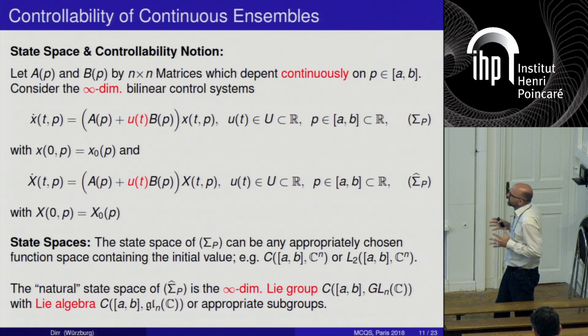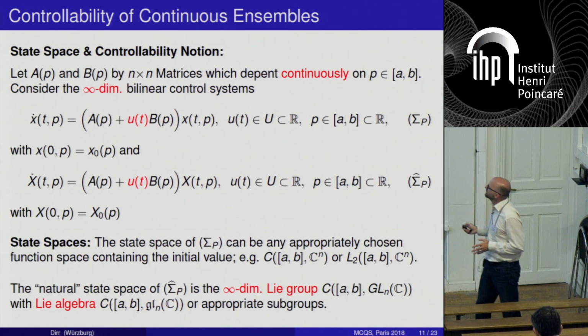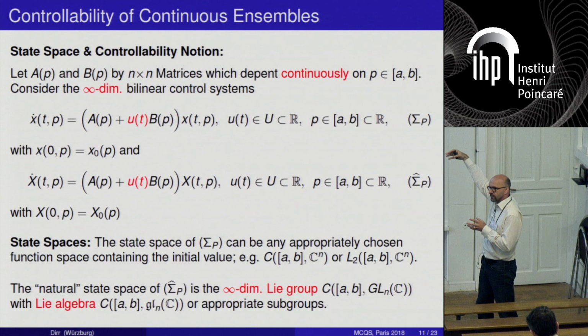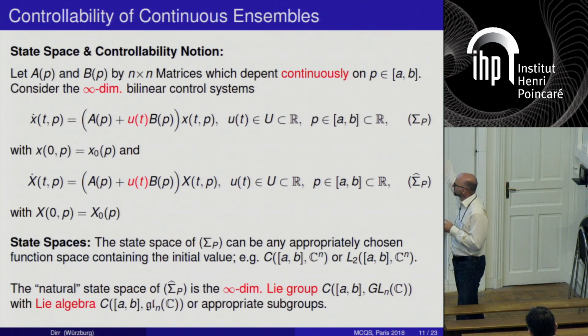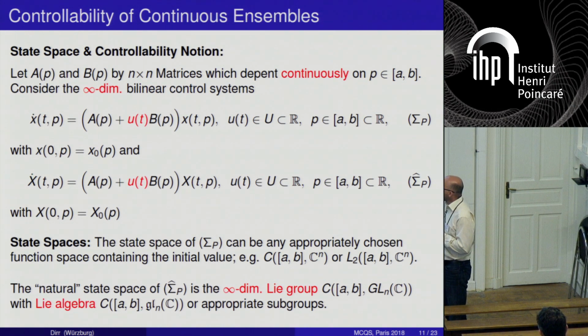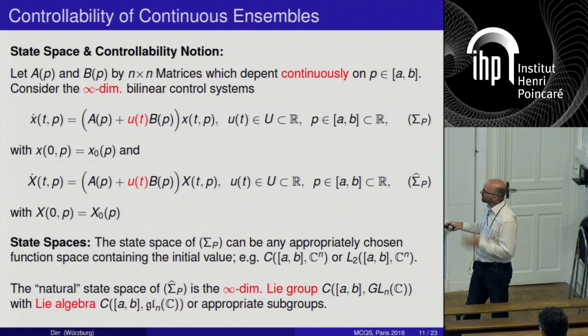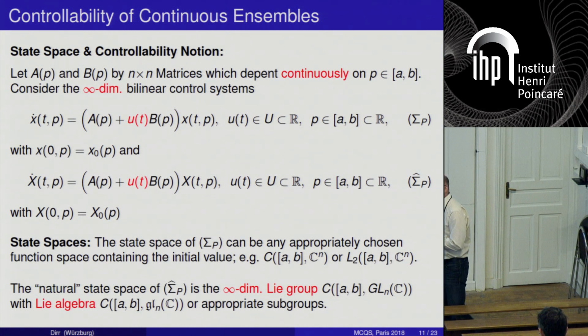For the lifted equation, I would say there is a natural one to choose. And the natural one is the infinite dimensional Lie group of all continuous maps from A B with values in your general linear group. To this infinite dimensional Lie group there corresponds an infinite dimensional Lie algebra, which is given by all continuous maps with values in the corresponding Lie algebra.